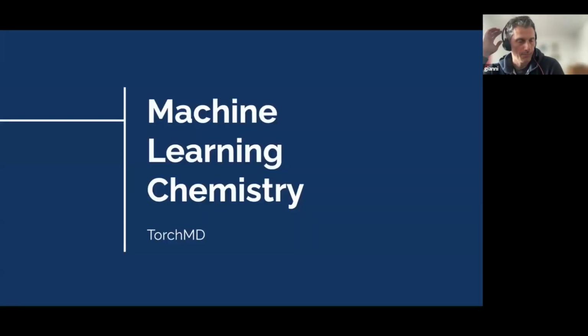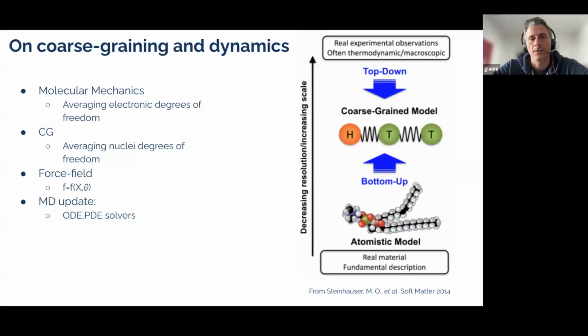Okay, so this was the recap up to the deep learning and generative learning. Then we started to work on something closer to machine learning for molecules in chemistry. And so we started to work on things which are a little bit more fundamental in terms of atoms and so on.